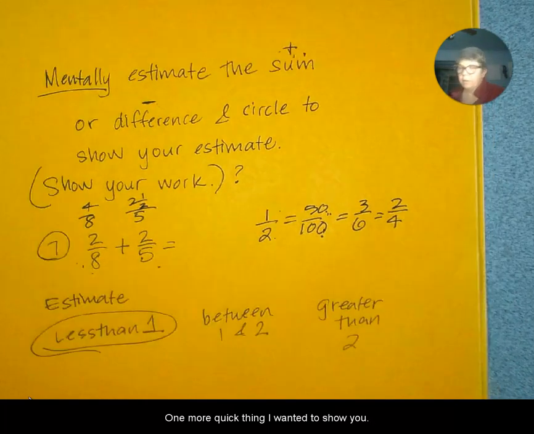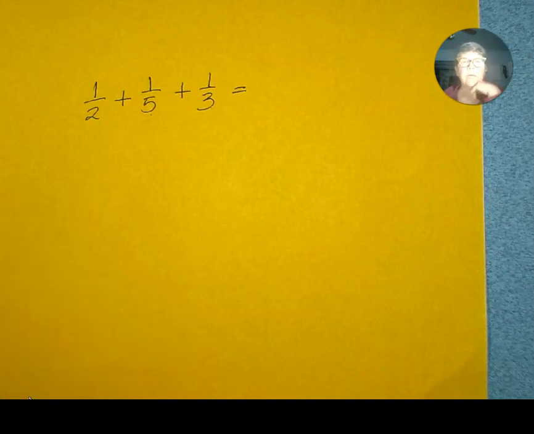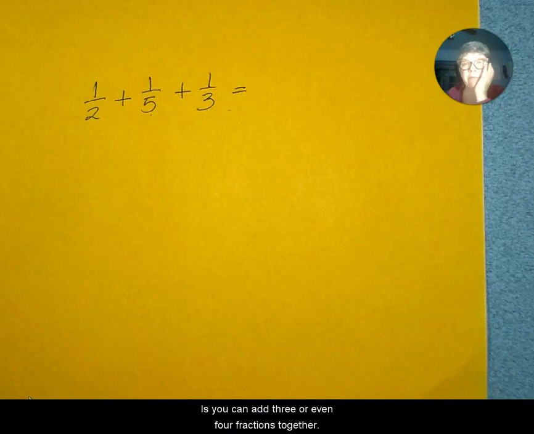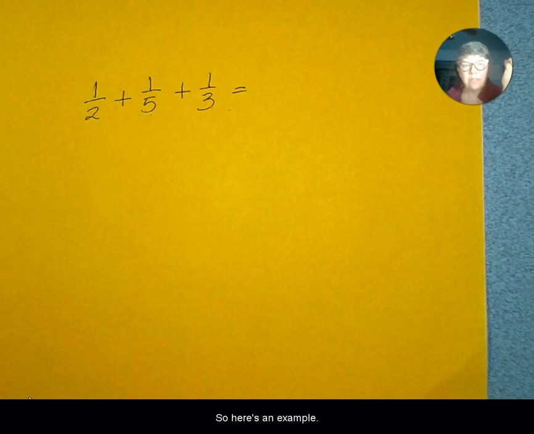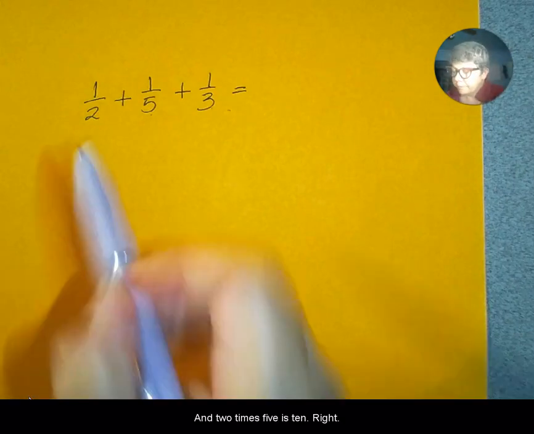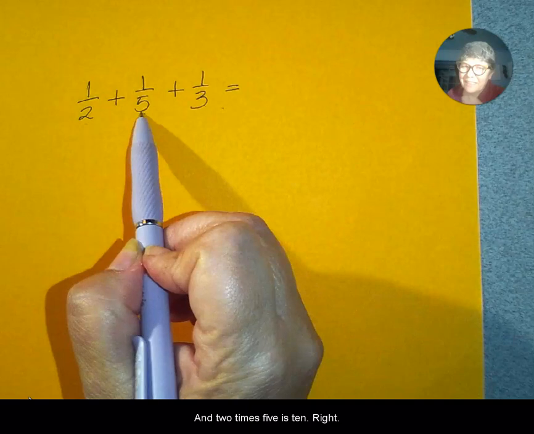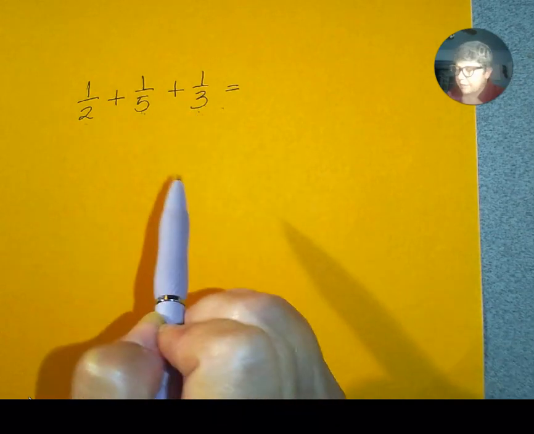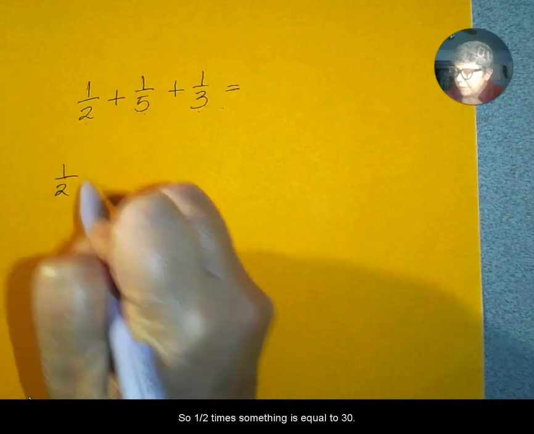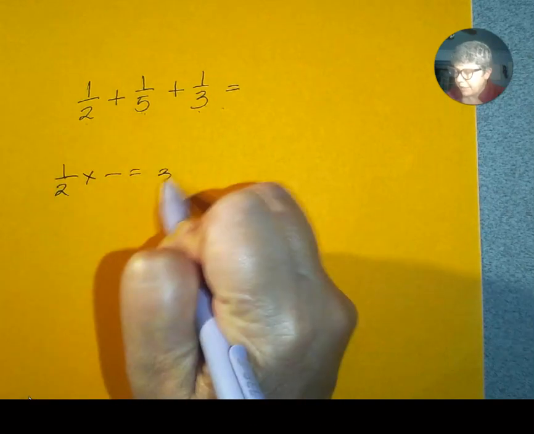Okay? One more quick thing I wanted to show you is you can add 3 or even 4 fractions together, and you have to come up with a common denominator for all 3, right? They have to have the same denominator to add them together. So here's an example. And 2 times 5 is 10, right? But 3, so I'm going to have to change them all to 30s. So 1/2 times something is equal to 30.